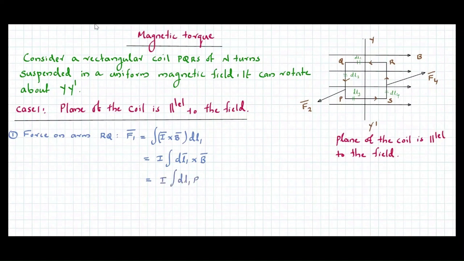If you see the figure, dl1 and B are in the same direction. So the angle between dl1 and B is 0. Therefore, the integral becomes I dl1 B sine 0, which is equal to 0. That is, the force on the arm RQ, F1, is 0.